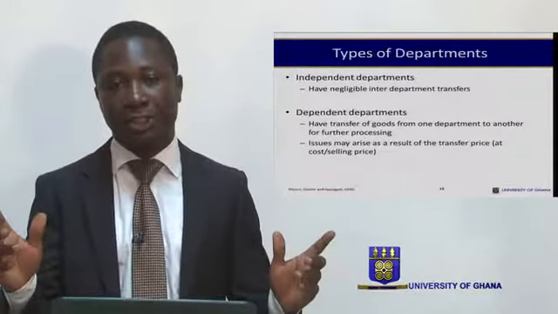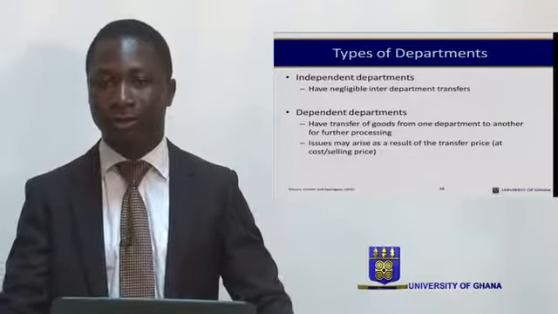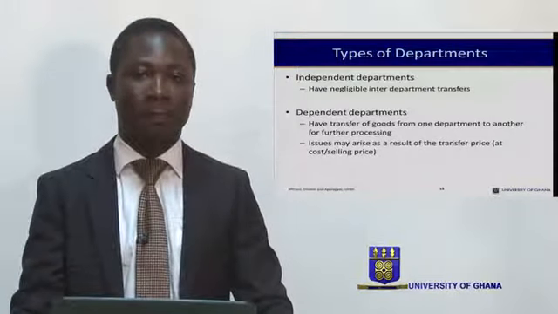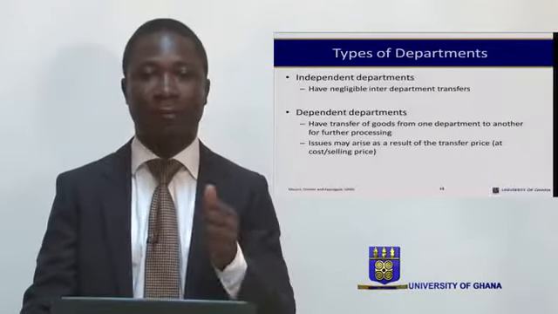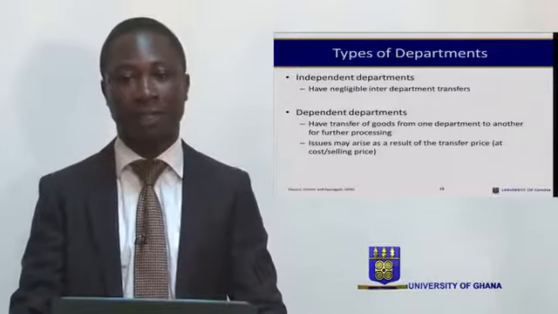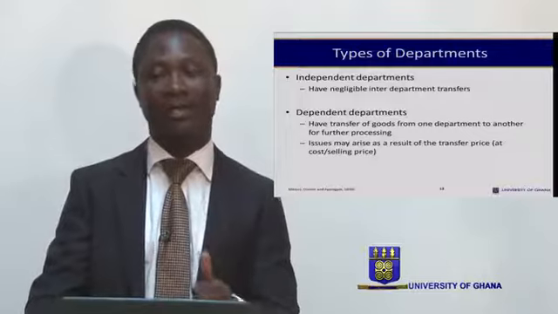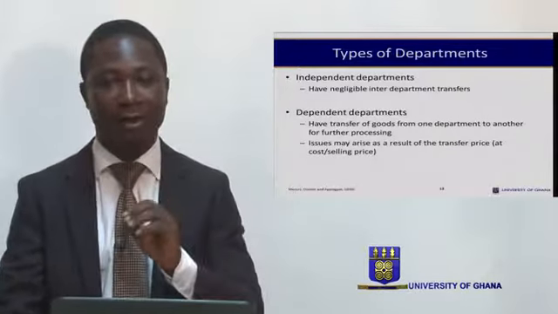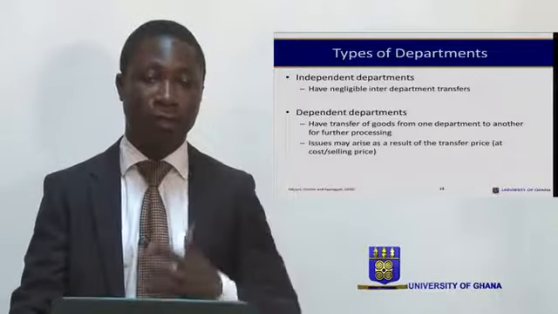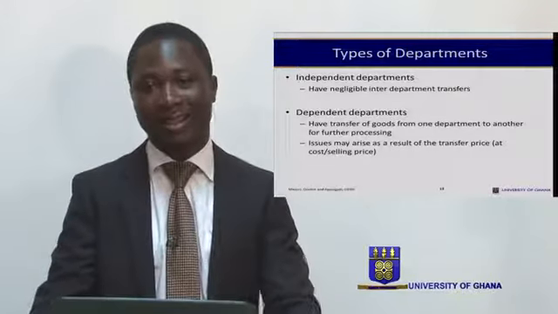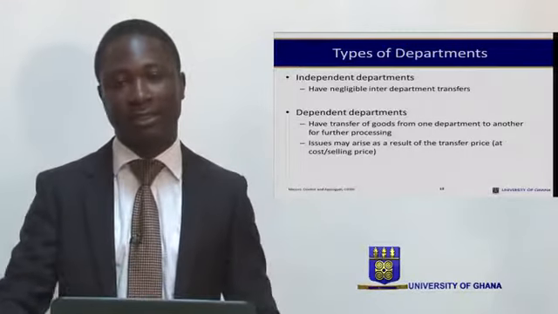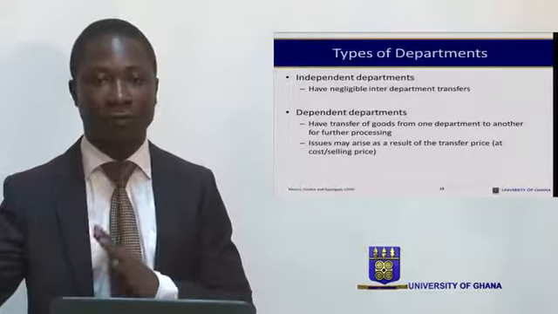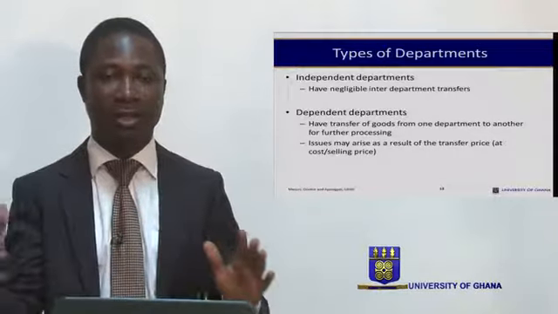Now, issues which may arise as a result of the transfer may be because of the price at which the goods have been transferred, whether the goods are transferred at cost or at a selling price. If the goods are transferred at cost, then we have no problem at all, because it's simply a movement of inventory from one department to the other.